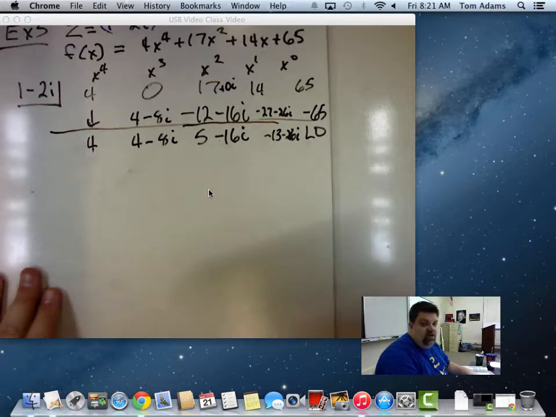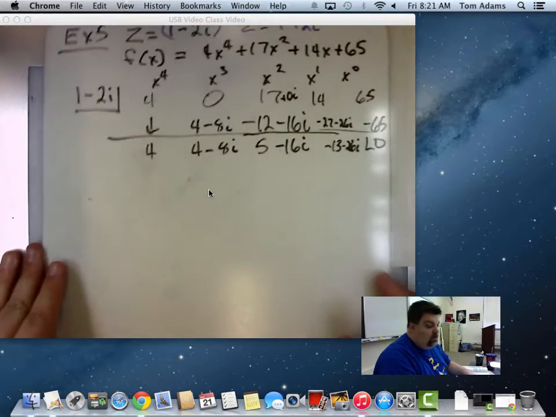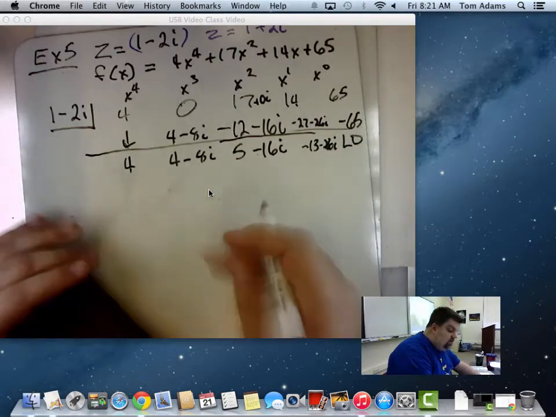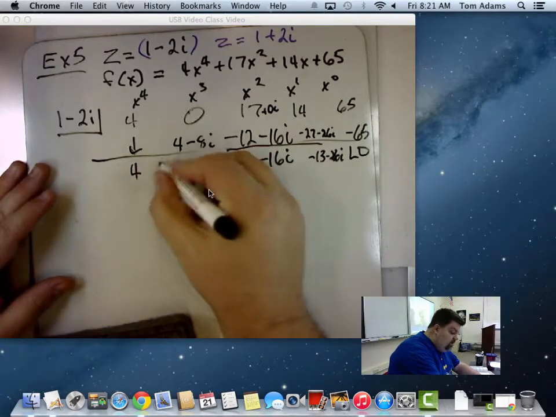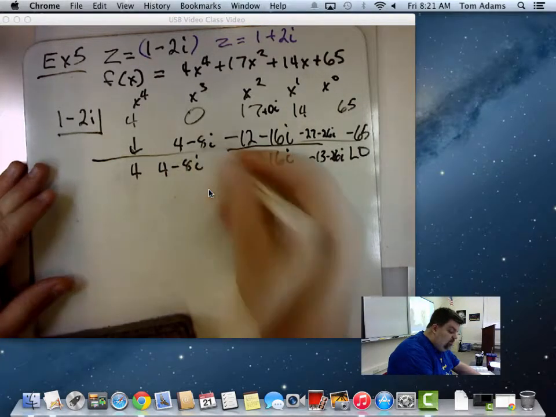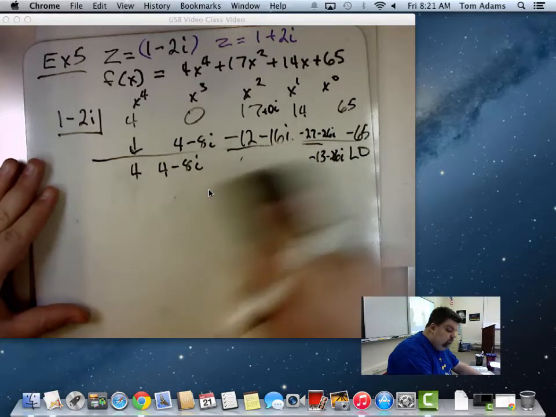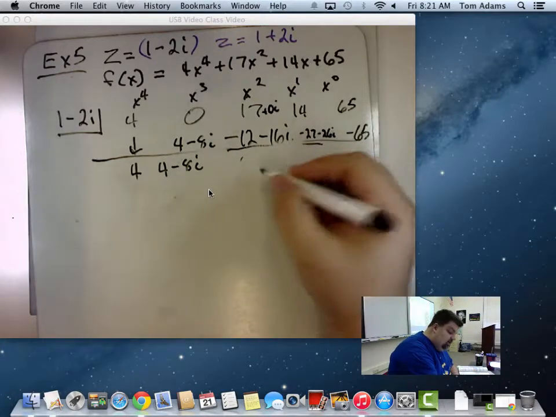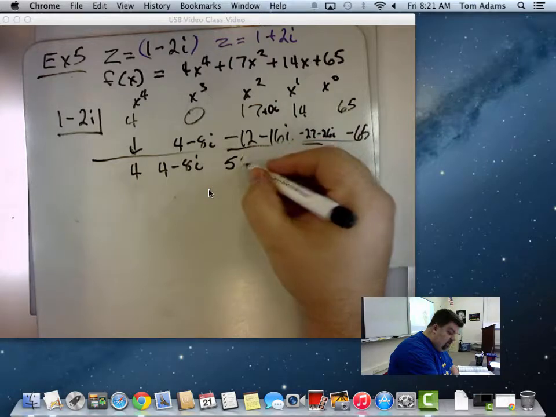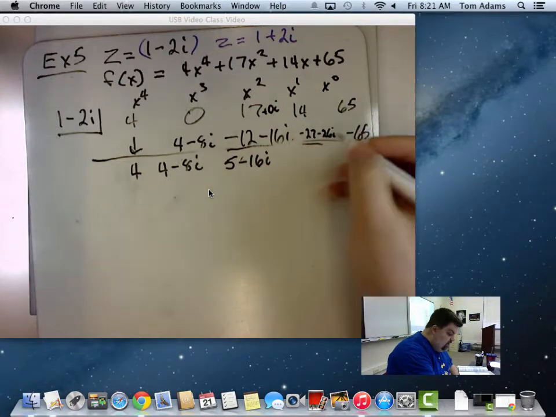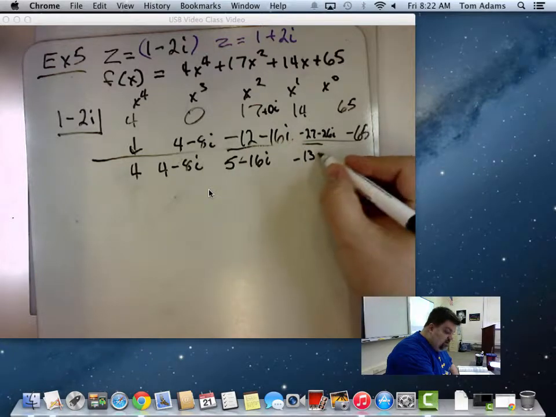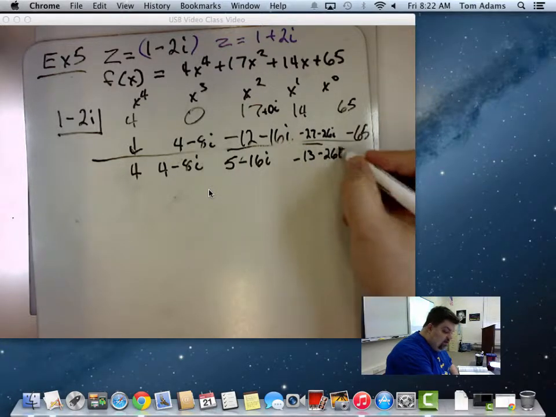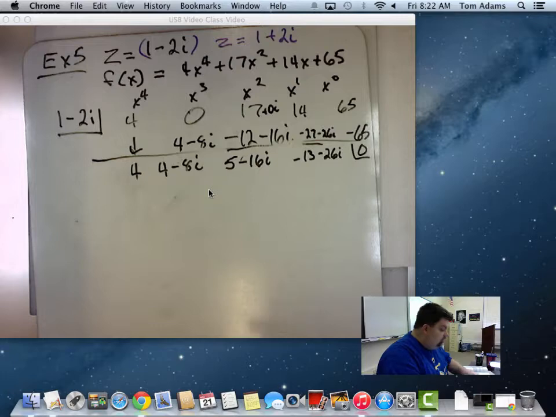Okay? So we're doing it just like we did before, and I'm going to erase some of these and make a little room, because that's a little crowded in there. So I'm going to have 5 minus 16i, and then over here I'm going to have negative 13 minus 26i, and then 0 is my remainder.